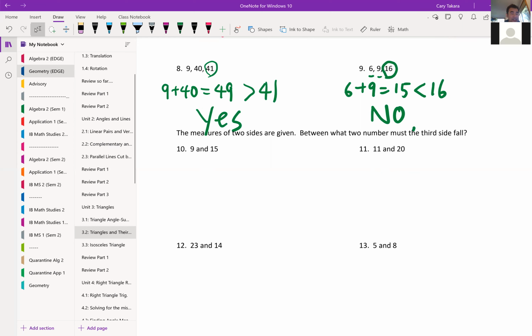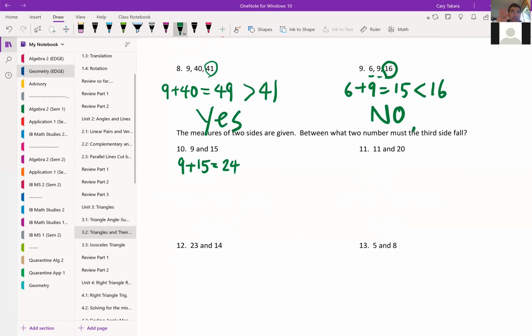So let's go through the steps one more time. The first step, to figure out the highest number that you can go to, is you just add the 2 numbers. It's really easy, right? You do 9 plus 15, which gives you 24.